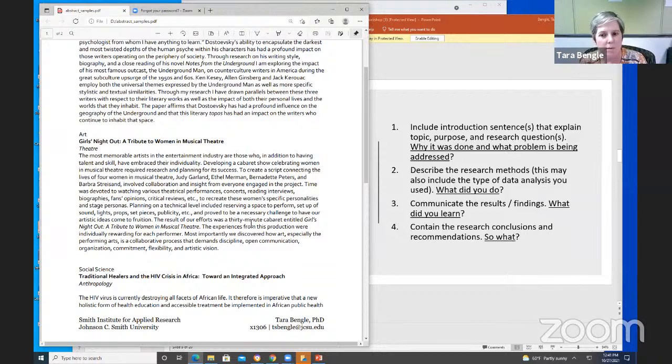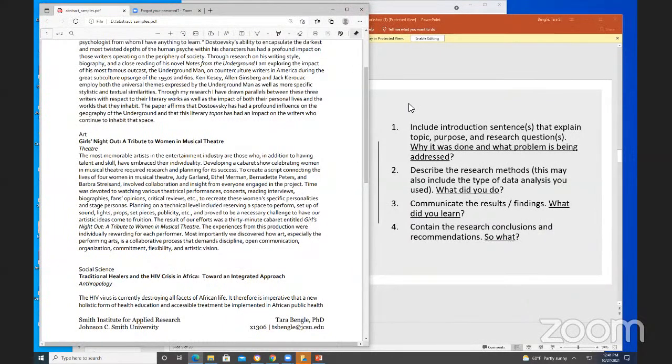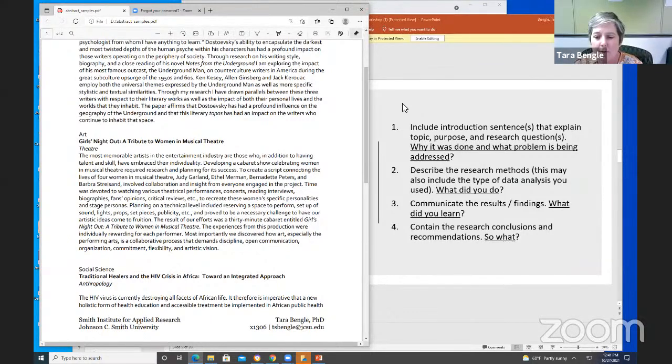We were just going over the elements of an abstract and how they're usually constructed, and overall they follow the same flow of a research paper. Beginning very concisely, they restate the topic, purpose, and research question.